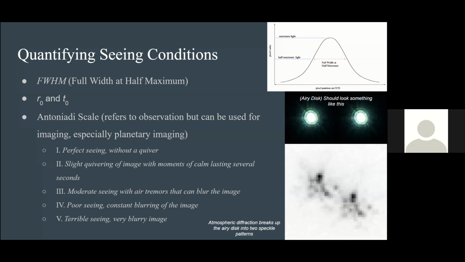It's the full width at half of the maximum of this function. So the vertex is the highest y coordinate on this graph, that's maximum light, and obviously the highest pixel value as well. So there you go.